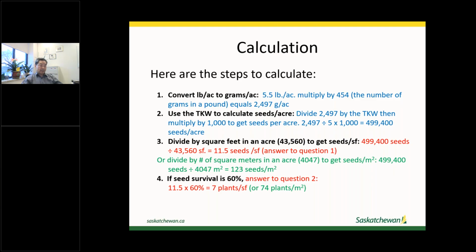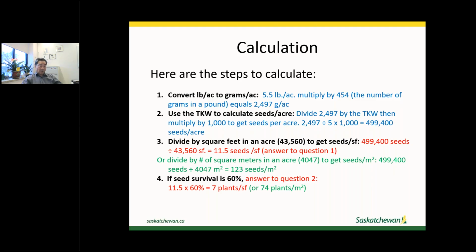Step 2, use the TKW to calculate the number of seeds per acre. Divide the 2,494 grams by the TKW 5.5 and then multiply by 1,000 to get the seeds per acre. That number will be 499,400 seeds per acre. And step 3, divide by the square feet in an acre.